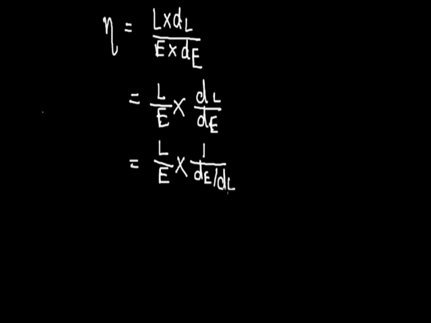Why are we writing this term like this? Because as we know, mechanical advantage is L by E, load by effort, and velocity ratio is displacement of effort upon displacement of load.